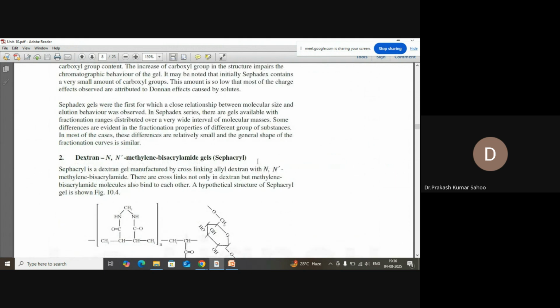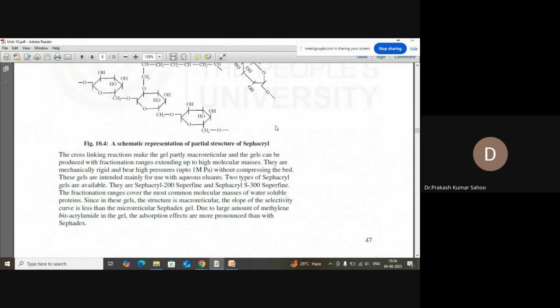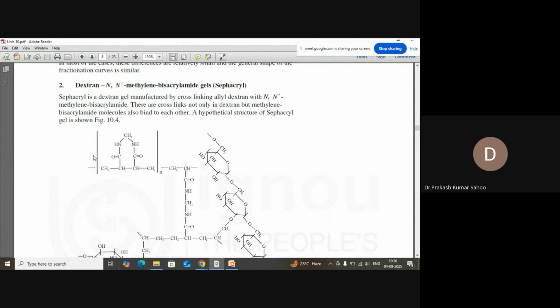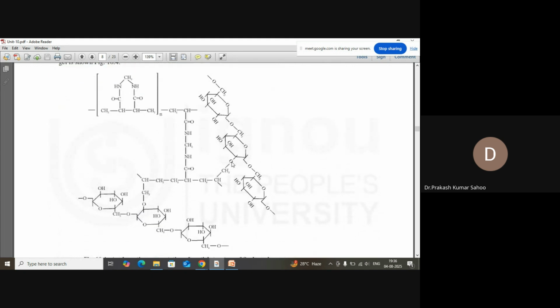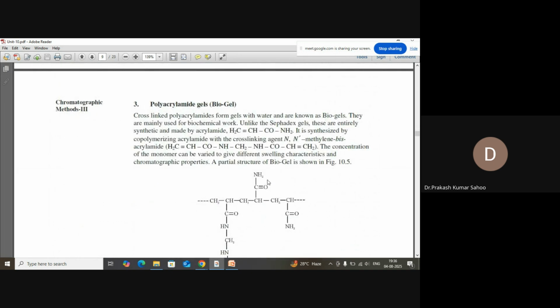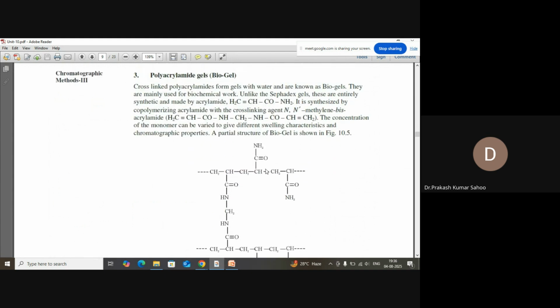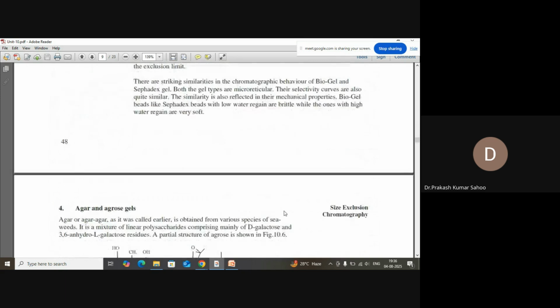Dextran, Sephadex is the commercial name, and this is how Sephacryl is shown here, where dextran interacts with N,N'-methylene bis-acrylamide. Then polyacrylamide gel, where one amide group is there, that is C double bond O and NH2 group, the amide group.